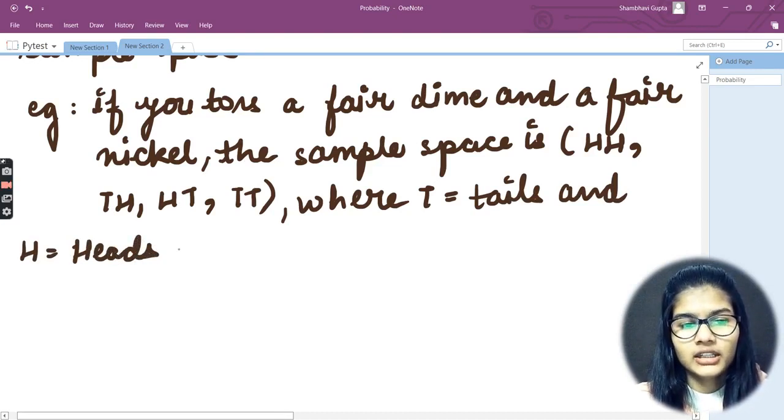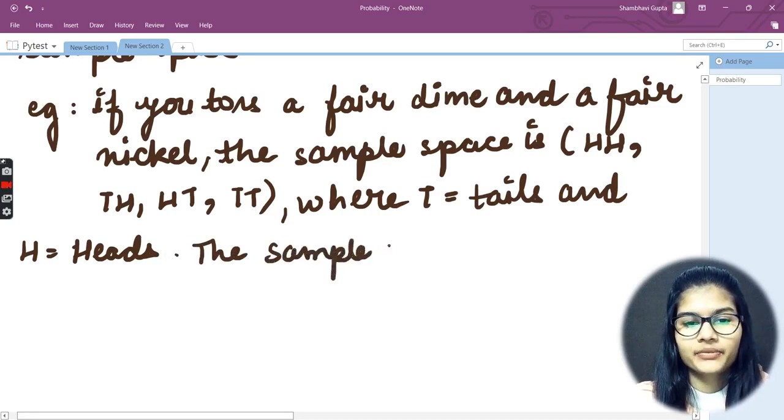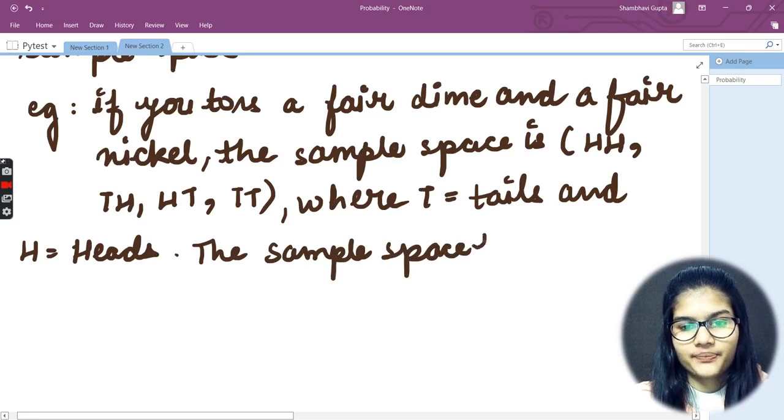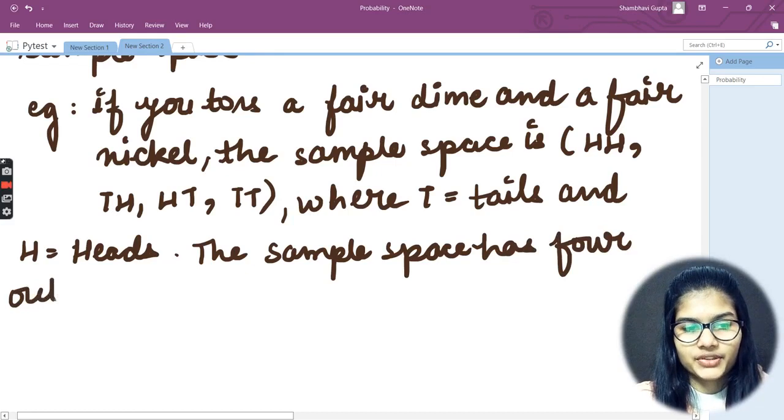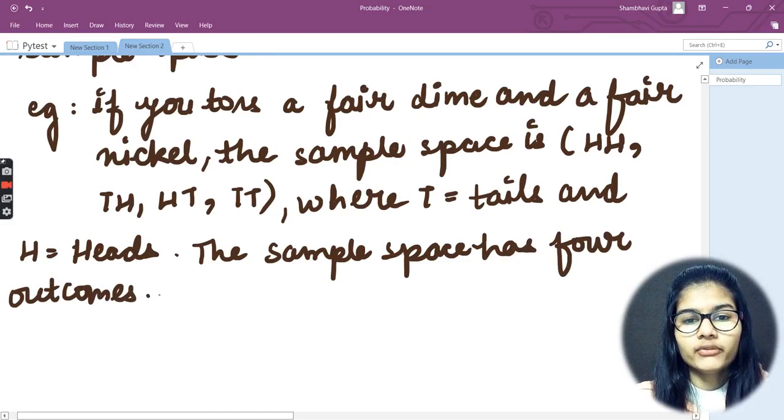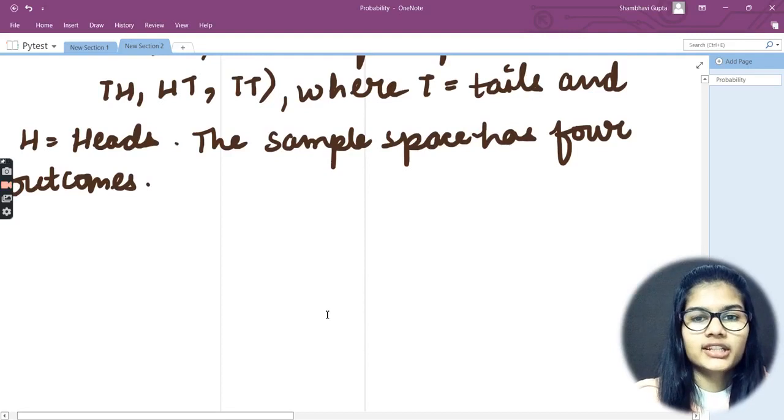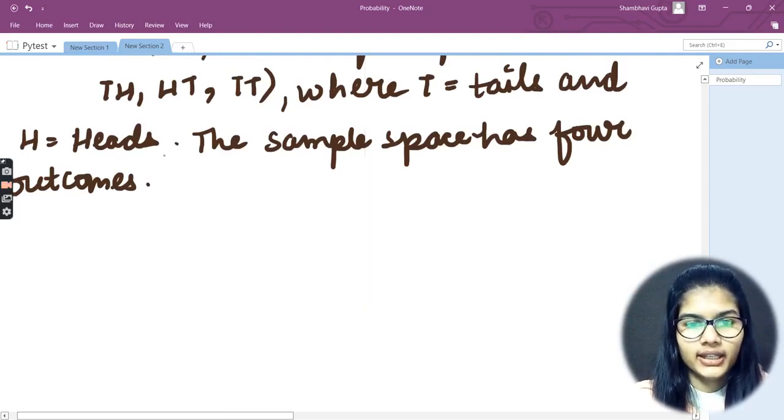Now in this case, the sample space has four outcomes, right? So what will be my A? If you toss a fair dime and a fair nickel, the sample space is head tail, head tail, and tail tail, where T refers to tails and H refers to heads.